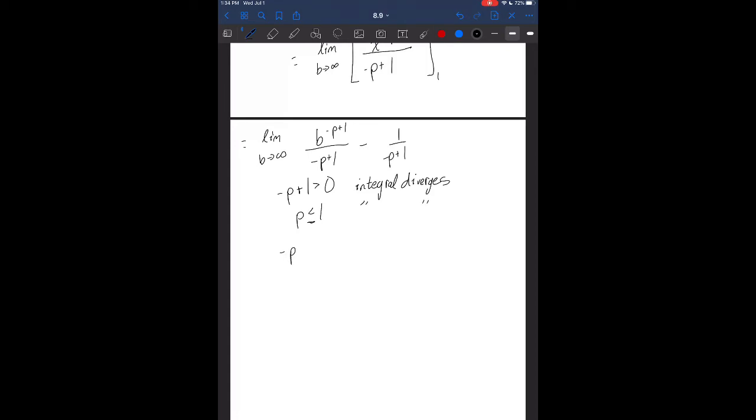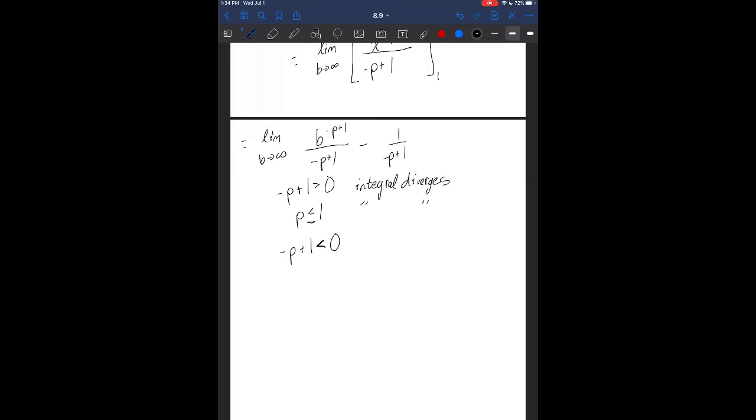And the opposite case, so now I have negative p plus 1 is less than 0. Well, then I have a really, really big number raised to a negative exponent. Negative exponents is the same as taking reciprocals.